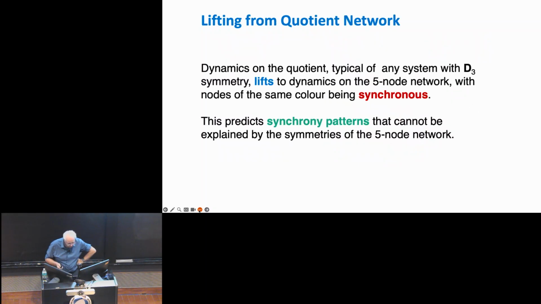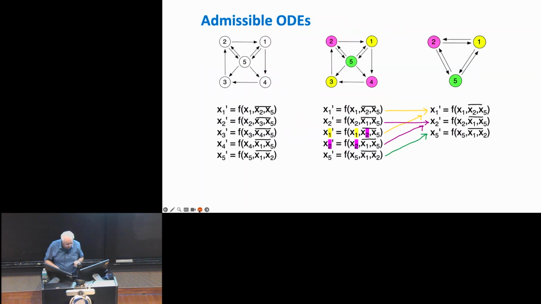So dynamics on the quotient lifts. Nodes of the same colour are then synchronous. You're looking at synchrony patterns. But the point is that the symmetries of the original 5-node network, which are trivial, do not explain the patterns.